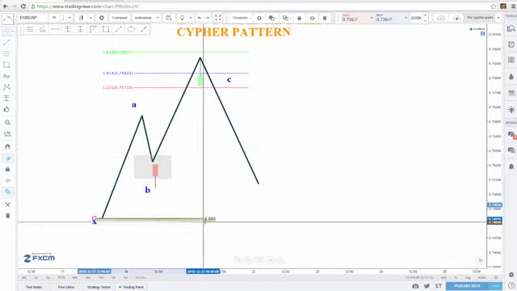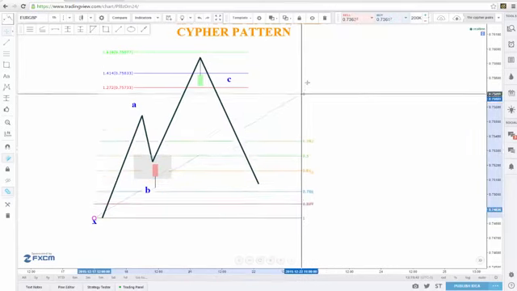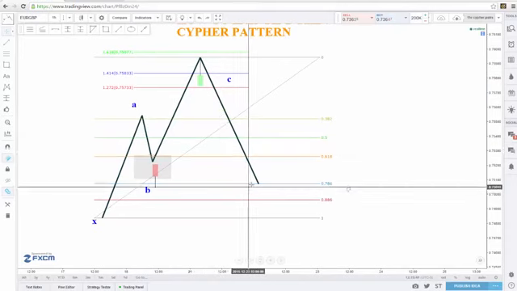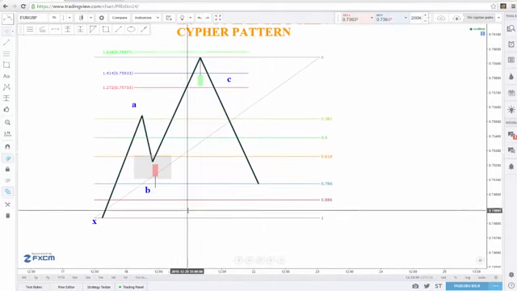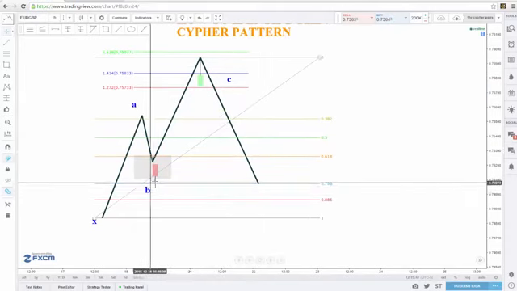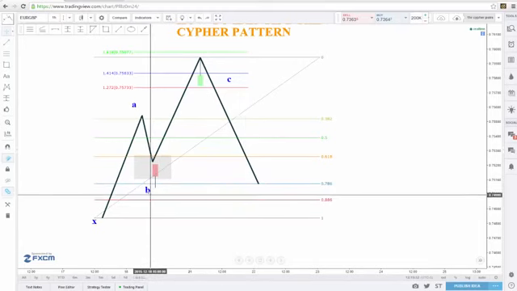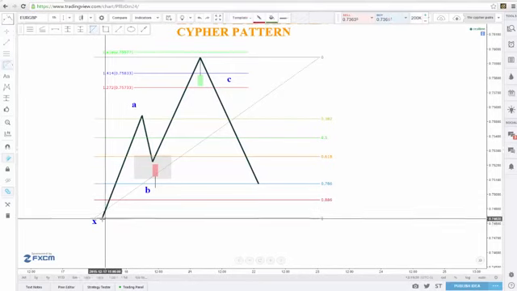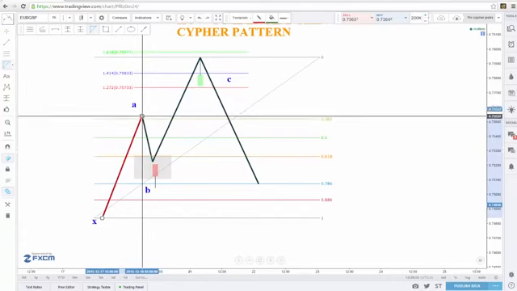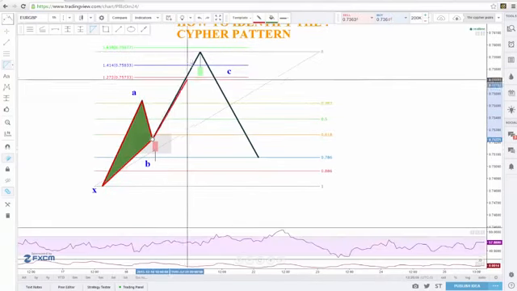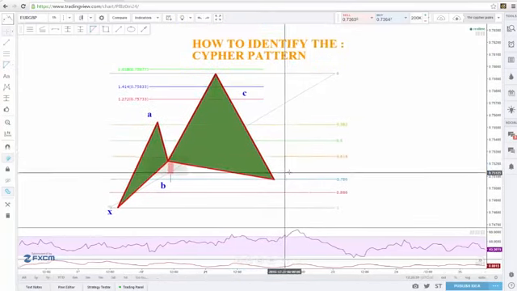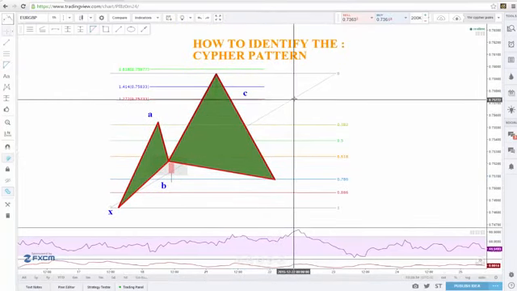So if we pull from our X all the way up to our C for our D point completion, and B touches 786, then that invalidates the cipher pattern. And I will draw this the rest of the way in so you can see what it should look like. And that is your cipher pattern using the ratios that I use.